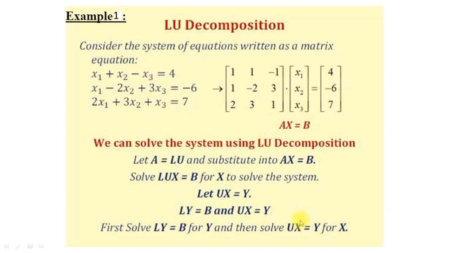But the question is how to decompose the matrix A into two matrices, lower triangular matrix and upper triangular matrix. So dear students, in this video lecture I will tell you about the process of how to decompose the matrix A into two matrices, lower triangular matrix and upper triangular matrix.